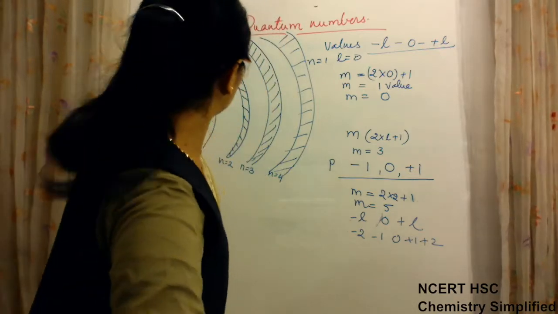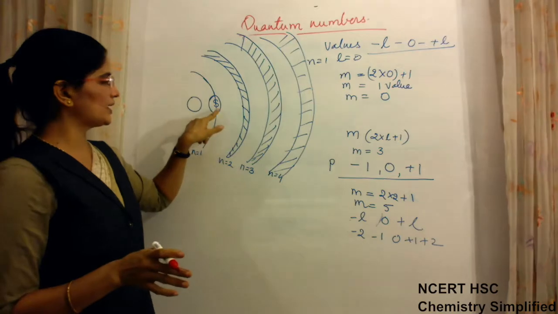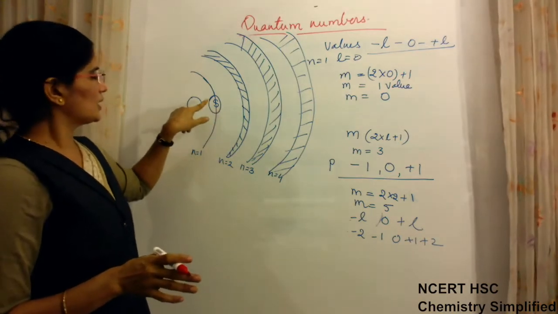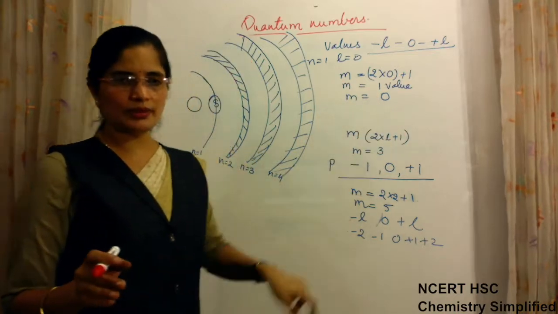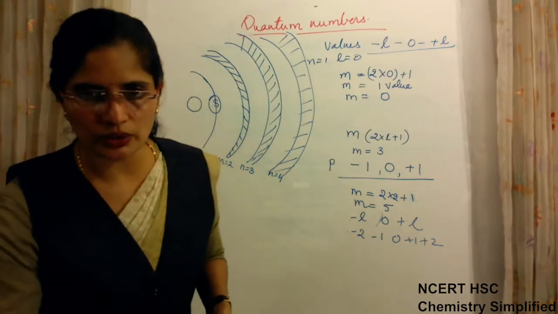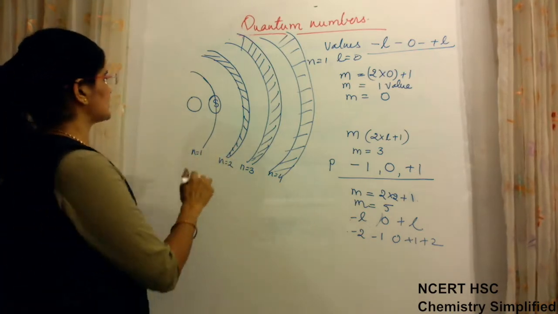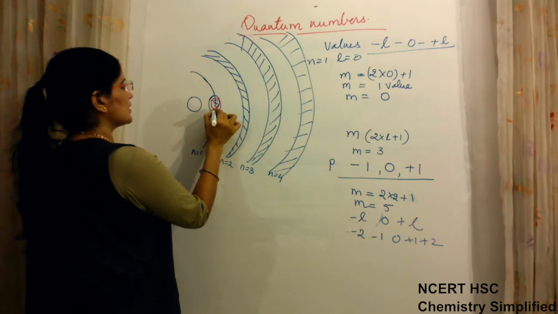Now because n is equal to 1 has only one subshell, that is S, and inside this S we said that the m value is 0. That means there is only one subshell, and inside that subshell there is only one orbital. So one S and one orbital inside it.